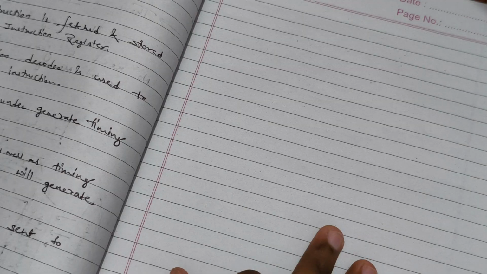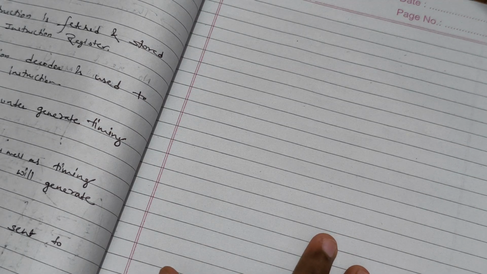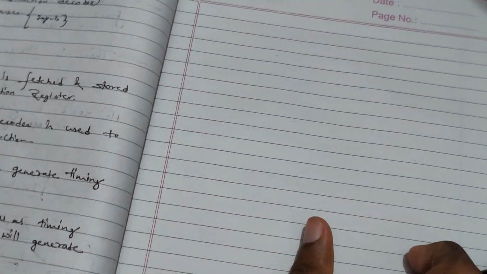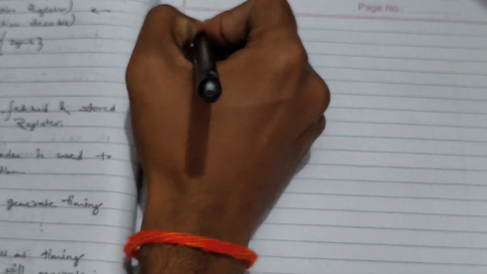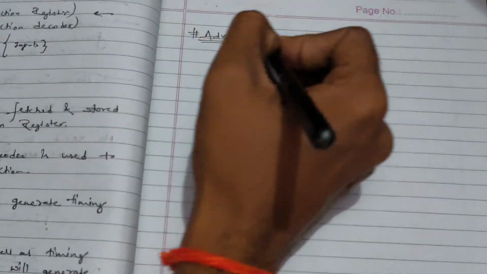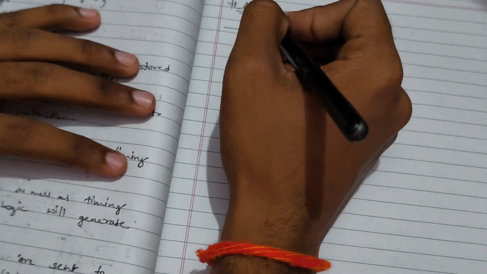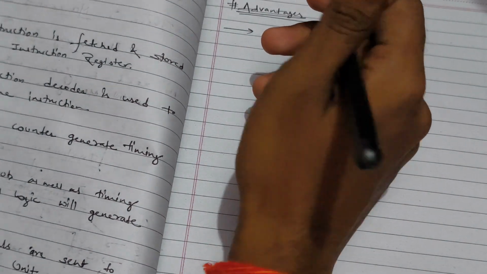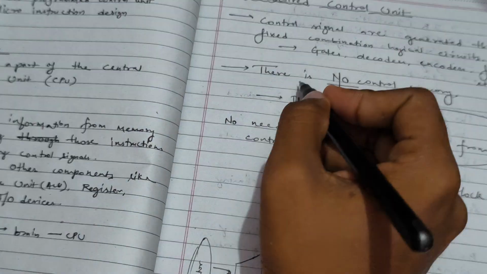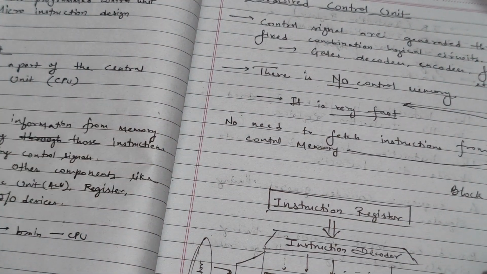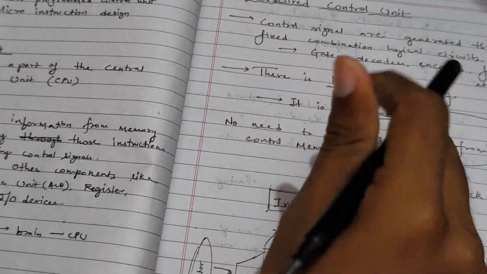Now let us talk about the advantages as well as the disadvantages of the hardwired control unit. Let me start with the advantages first. As I mentioned earlier as well, since it uses no control memory and there is no need to fetch instructions from the control memory, it is quite fast.